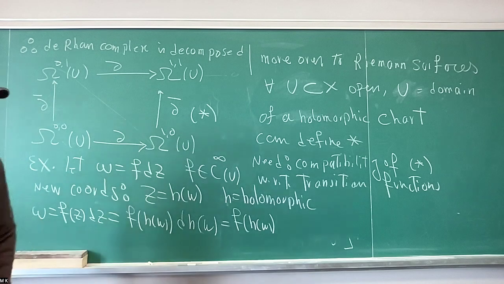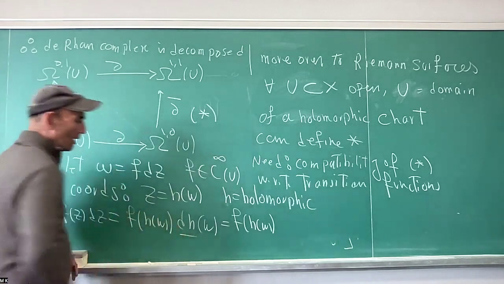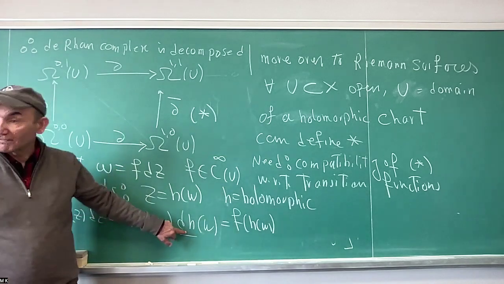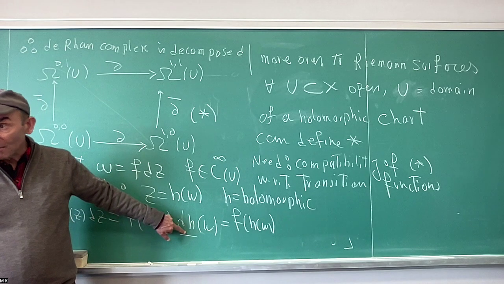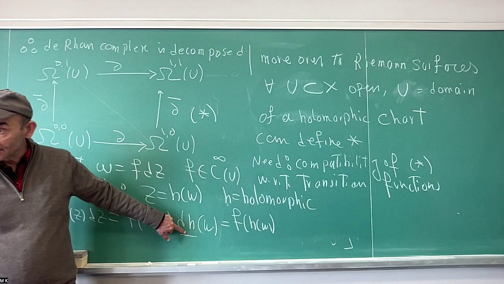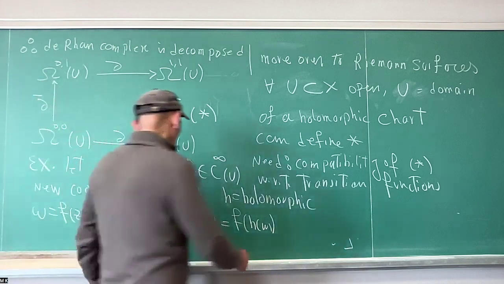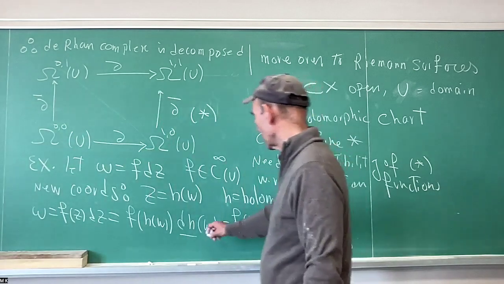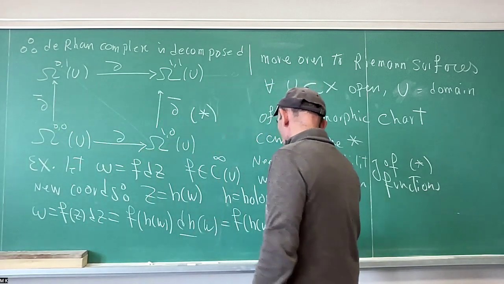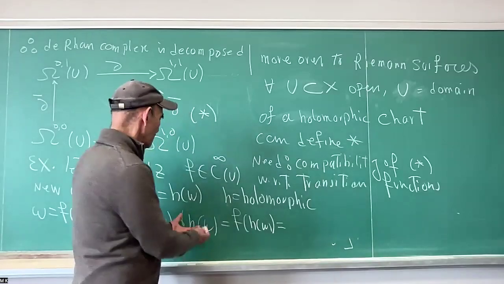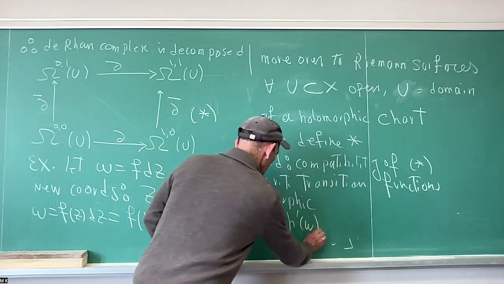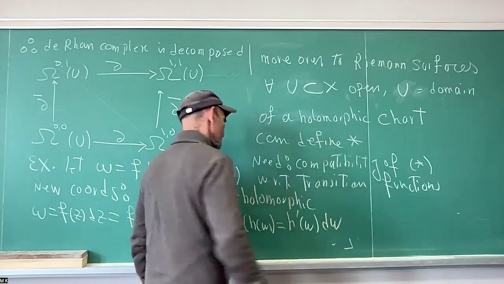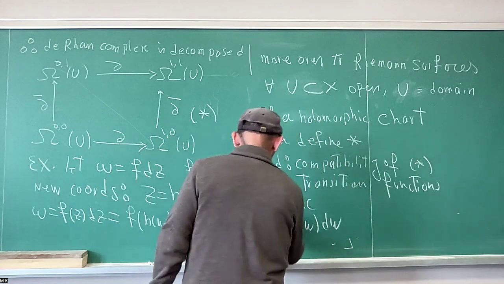What is h prime? But we have to be a little careful, because we have a different definition of d, which is equal to del plus del bar. So if I want to write the end result, I say this is h prime of w dw. But the question is why?